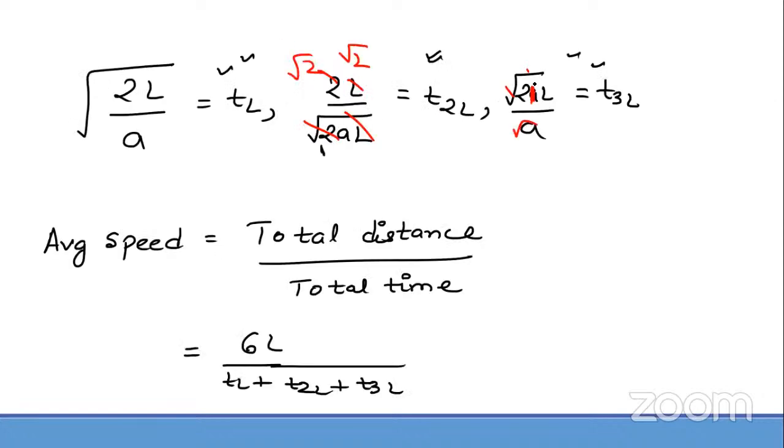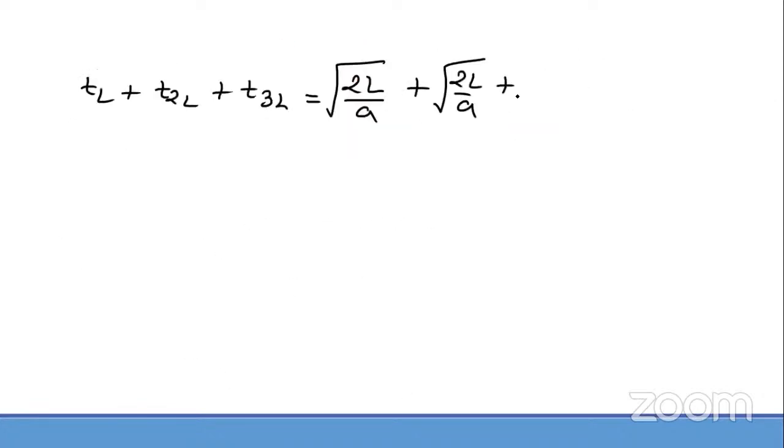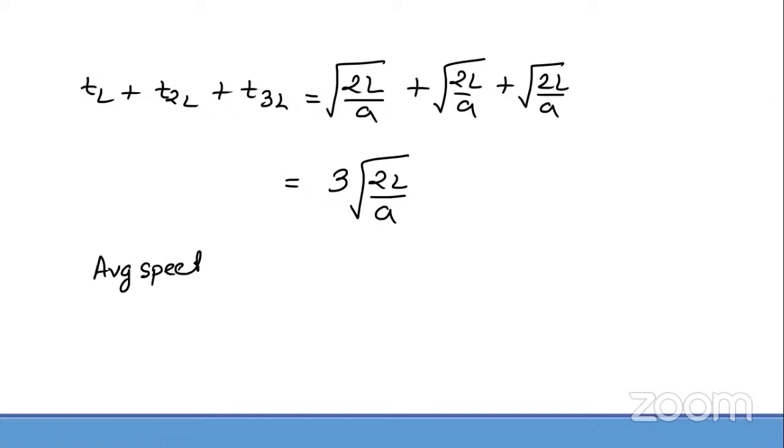This is also under root 2L by under root A. Okay. So this comes as under root 3 twice L by A. Fine. So average speed is how much throughout? Total distance traveled upon total time. Total distance is how much? 6L. Total time taken is how much?